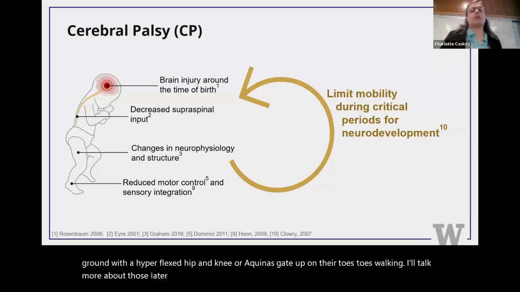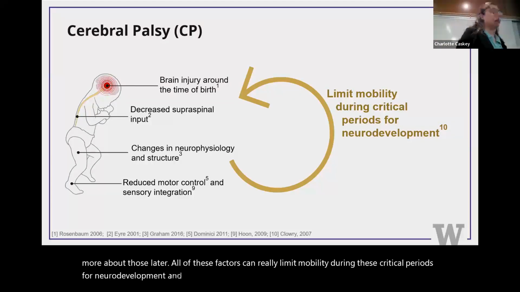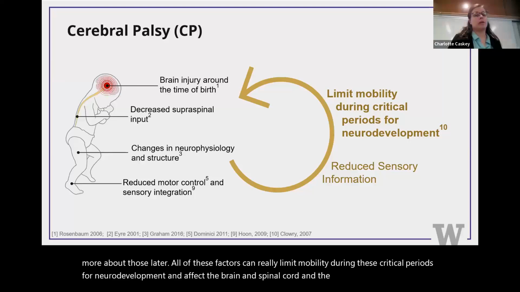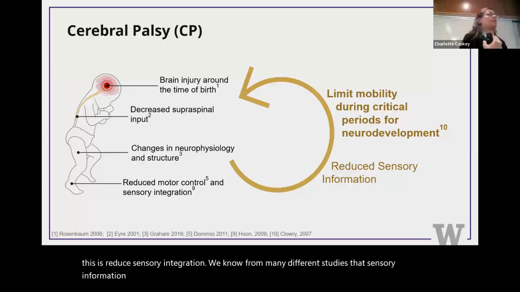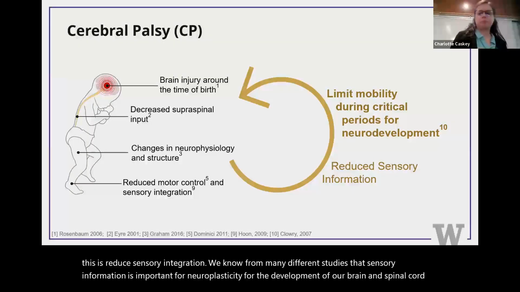All of these factors can really limit mobility during these critical periods for neurodevelopment and affect the brain and spinal cord in the process. One aspect of this is reduced sensory integration. We know from many different studies that sensory information is important for neuroplasticity, or the development of our brain and spinal cord, as we learn and grow.